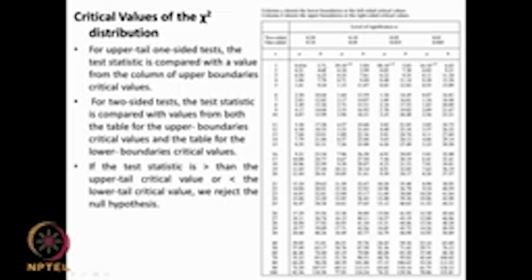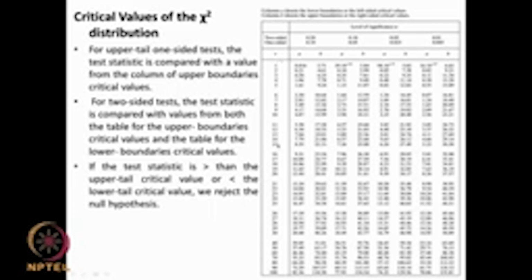So, for 1 degree of freedom, two sided probability 0.05, if my calculated chi square is more than 5.02, then I reject the null hypothesis. You understand? Same thing here, 3.84 for a one sided test. If I get more than 3.84 when I calculate the chi square, I reject the null hypothesis.